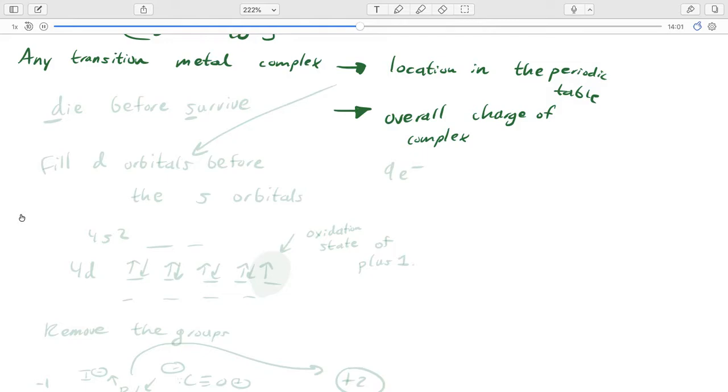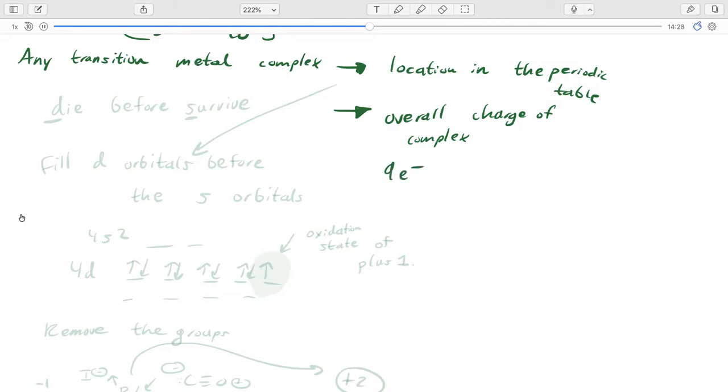We really want the group number. I want the column number right here. That'll tell us how many electrons it's going to have. So rhodium lands right there. So it's got 9 electrons that we're concerned about.